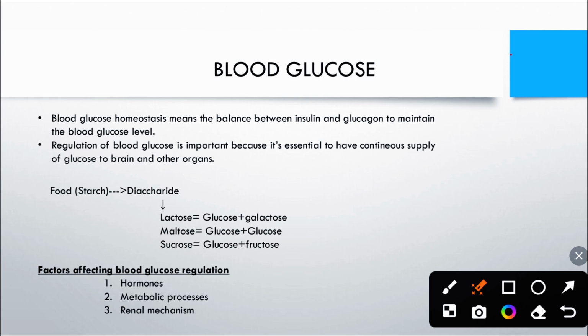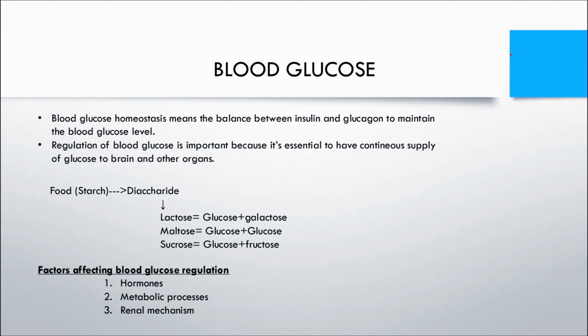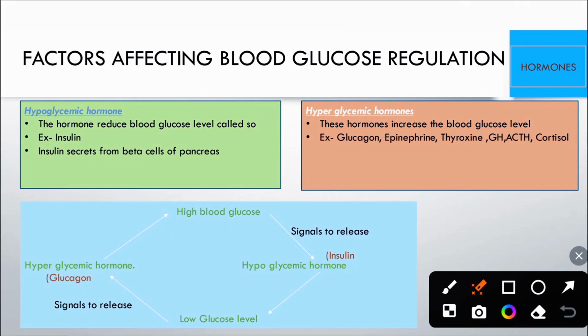Then, factors affecting blood glucose regulation. Three factors: one is hormones, then metabolic process, then renal mechanism. In case of hormones, these are divided into two types.